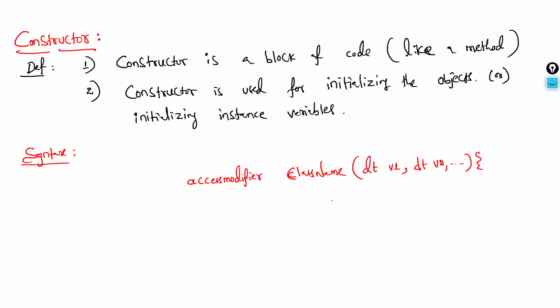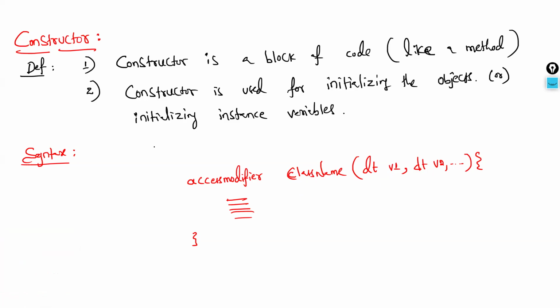Then open curly brace, closed curly brace, then some lines of code. This is the syntax of a constructor. But here, am I giving any choice to write the constructor name of our choice? Previously, everywhere I used angular brackets when it came to programmer's choice. But here, am I using angular brackets for the class name? No, because the constructor will be inside a class.